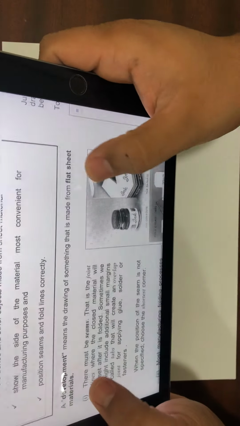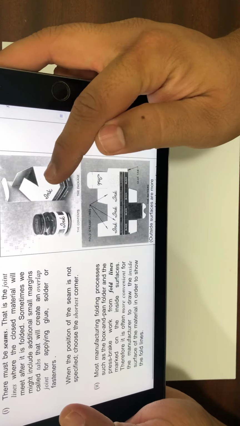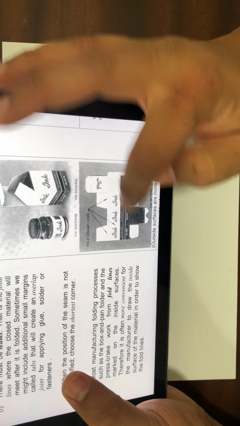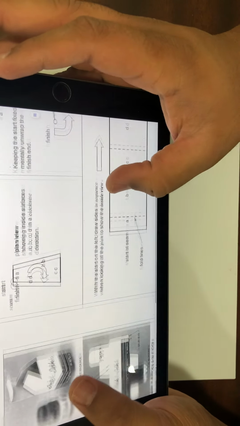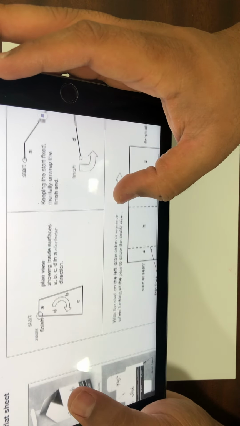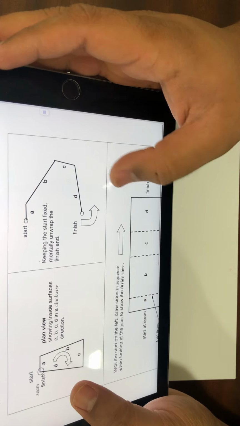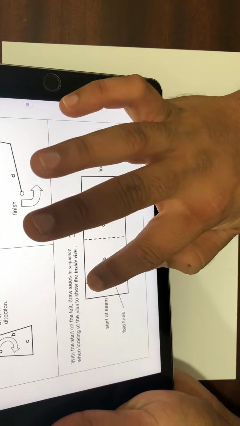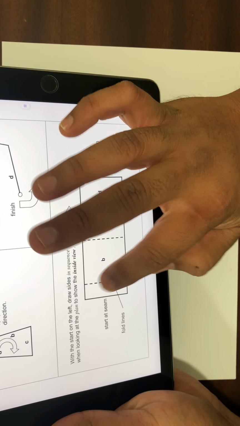Now see here. So here he is opening a box. So if he opens this box, it will look like this. Now wherever the box is folding, it will be a dotted line, like I have shown here.